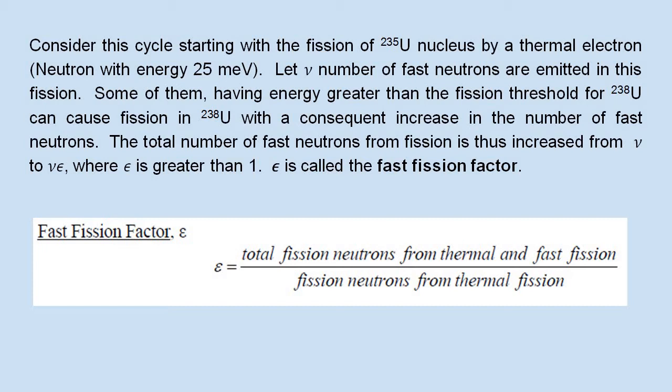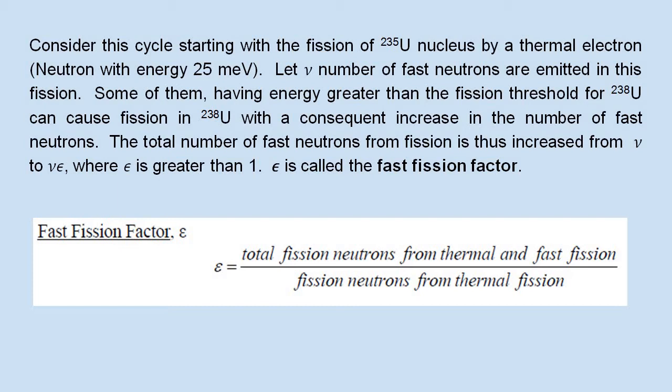Initially, you have a particular uranium-235 fission, a number of neutrons are produced, and they cause fission in uranium-238. From the fission of uranium-238, a number of neutrons are produced. They are also fast neutrons.